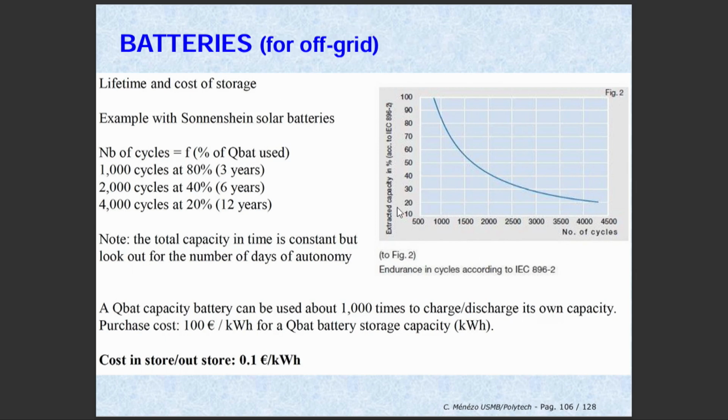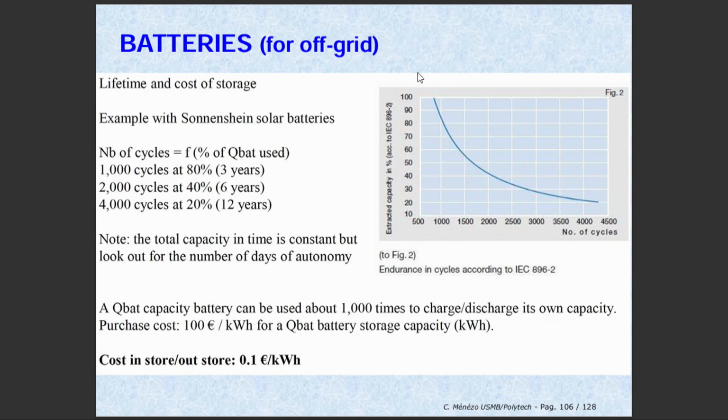So that means here it is extracted capacity, but it is the same. If you are only using 20% of the battery in terms of discharge, you can have a large amount of cycles.